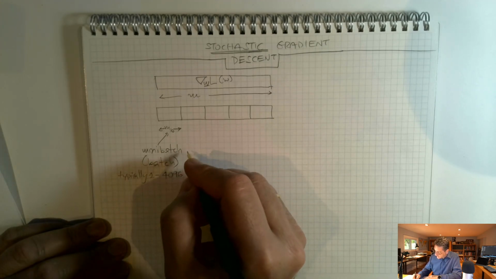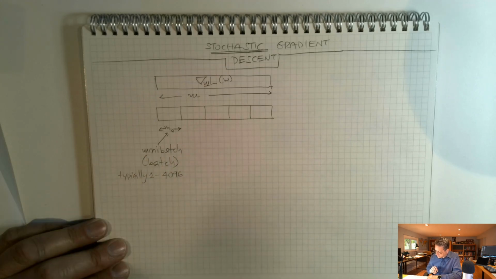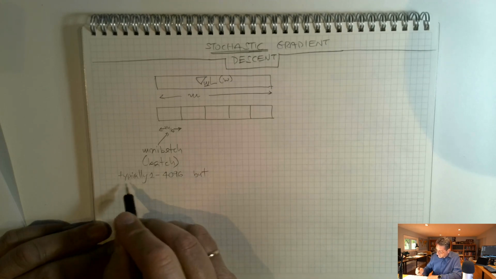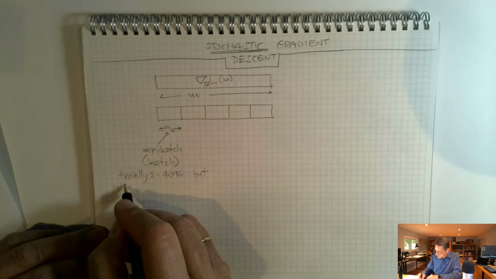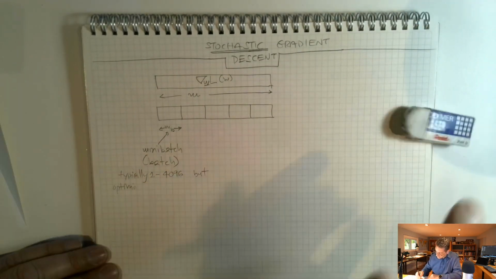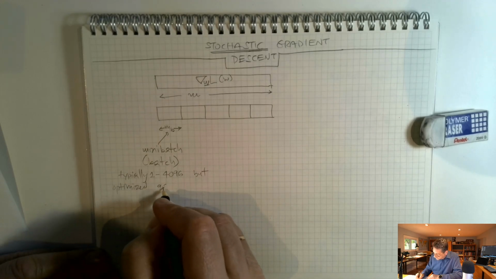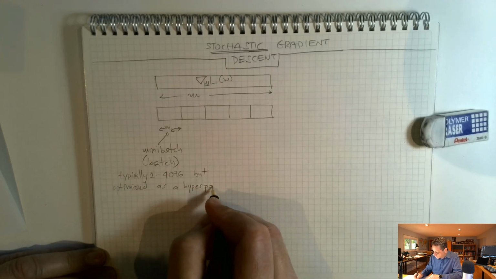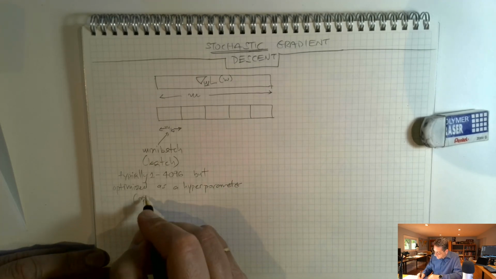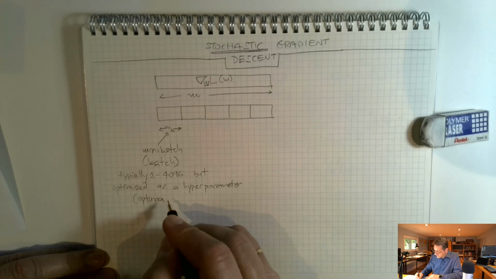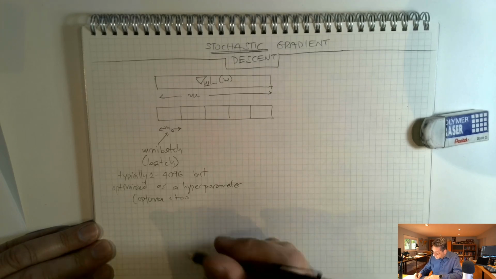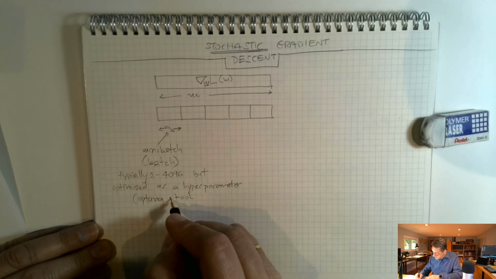Mini batch is going to be a hyperparameter that we have to optimize, so it's typically optimized as a hyperparameter. And for this hyperparameter, you can use Optuna or any other tool that you have in order to optimize such hyperparameters.